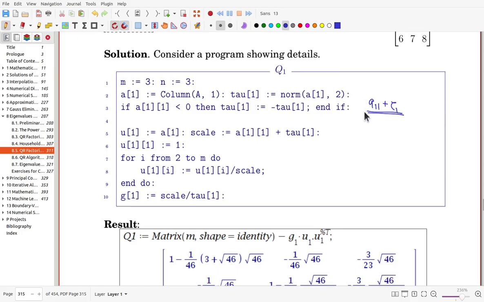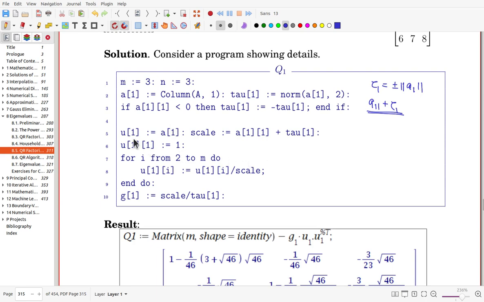In modulus, we want it as large as possible. So that is the way of deciding tau 1, which is in fact plus or minus the norm of A1, the first column, but we have to choose the sign through this checking.